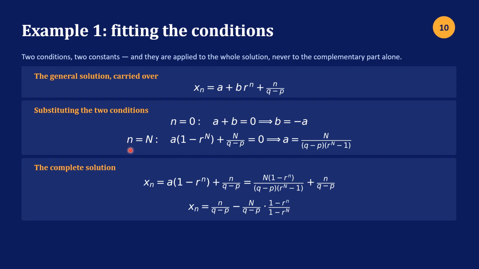Then we use our second initial condition, x sub capital N equals 0. Here, you notice we get a plus minus a r to the capital N, the first two terms. And we put in capital N for small n, and that equals 0. And then we solve for a. We get this here.